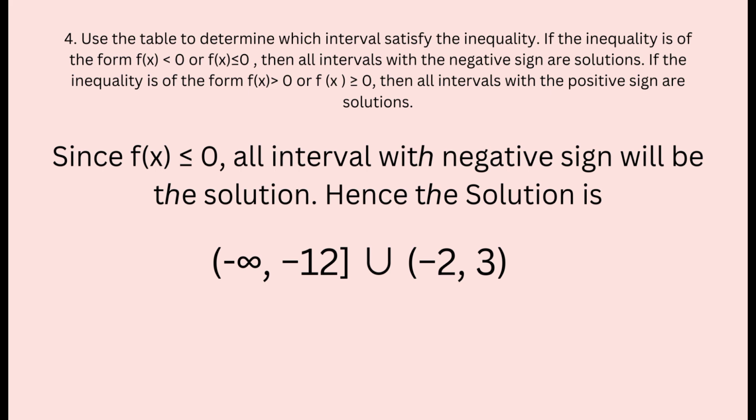According to the rule, since f of x less than or equal to 0 is our inequality, all our intervals with the negative sign will be the solution. Hence, the solution is open to negative infinity, close to negative 12, union open negative 2, and open 3.